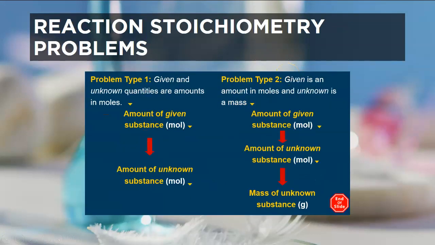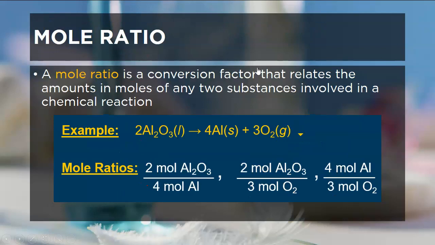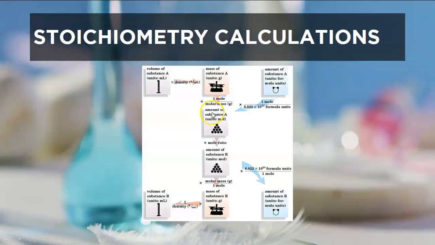So what this is telling me is I can think of it like a train station. You've got 4 stops on that train going from grams to grams. I could start at moles and end at moles. So I could, for instance, have moles of substance A and figure out how many moles of substance B I have.